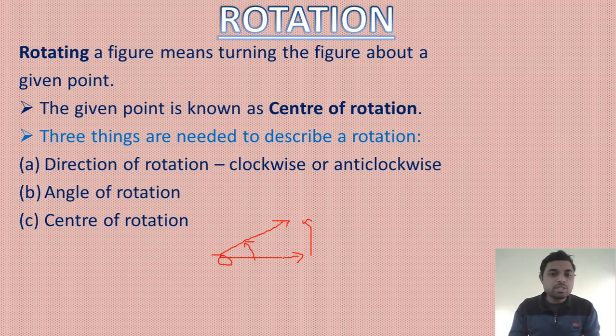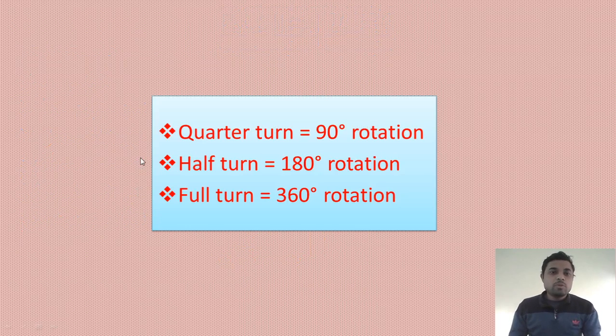This point is fixed. So three things: direction of rotation, angle of rotation and center of rotation. These points you have to note down. A quarter turn is equal to 90-degree rotation, a half turn is equal to 180-degree rotation, and a full turn is equal to 360-degree rotation. Note down this.